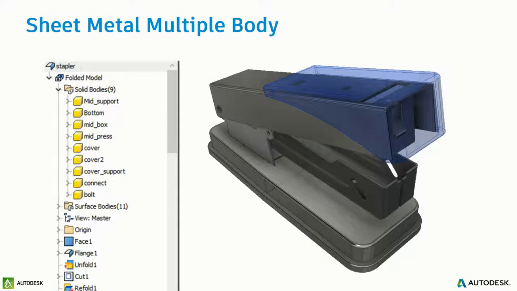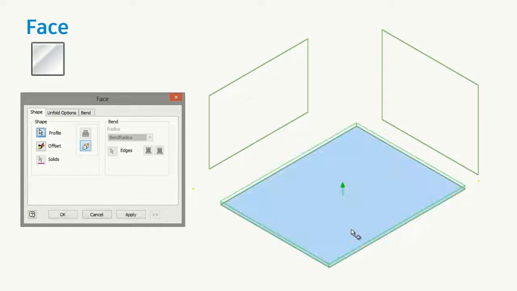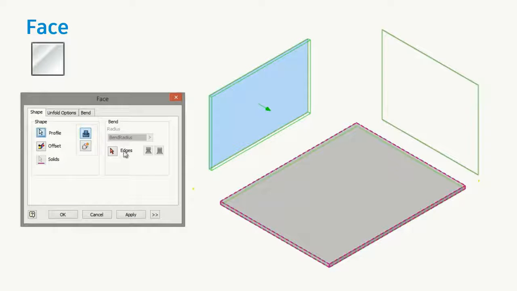With these base features, you have the opportunity to create the solids. In this example, there are 9 solids in this stapler, and each of the solids is started with a base feature. Take face as a simple example: you can click the first profile to create a new solid.